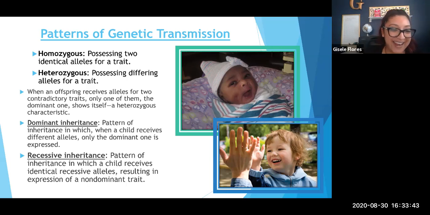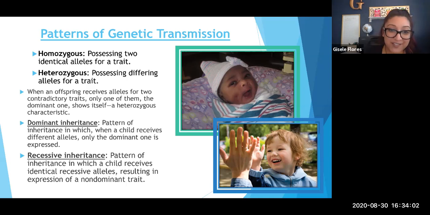Here's an interesting fact with recessive inheritance. I want you to look at your hand, just one of them, and if you have 5 fingers, you actually have the product of recessive inheritance. Having 5 fingers is a recessive trait.